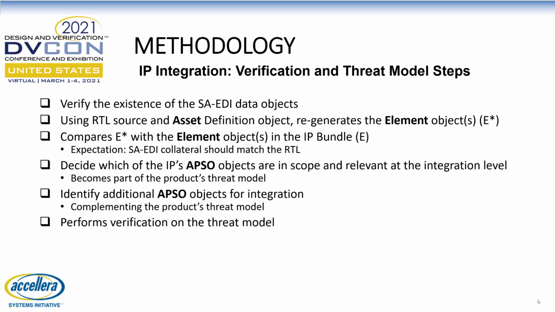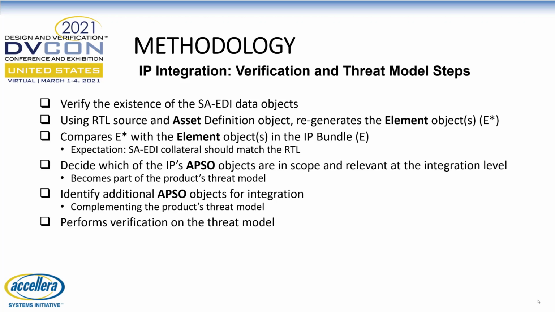So what are the steps at integration? First, verify that there are SA-EDI data objects in the bundle. Then, using RTL and asset definition objects, regenerate the elements. Compare the elements generated with the original elements in the IP bundle, and the expectation is that the SA-EDI collateral should match the RTL.